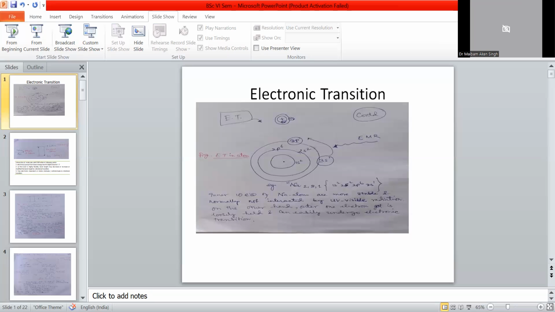Then another part, auxochrome, the functional group attached to a chromophore. This is another part of the molecule imparting color.